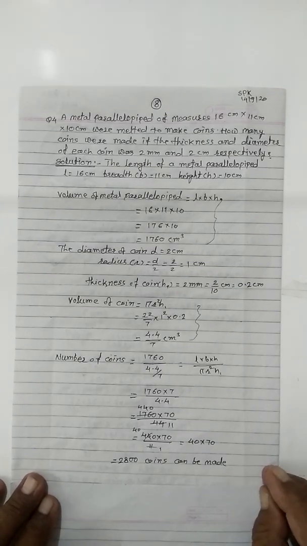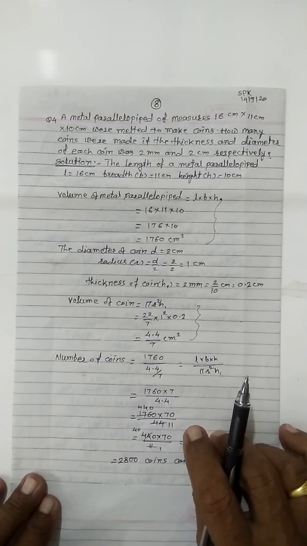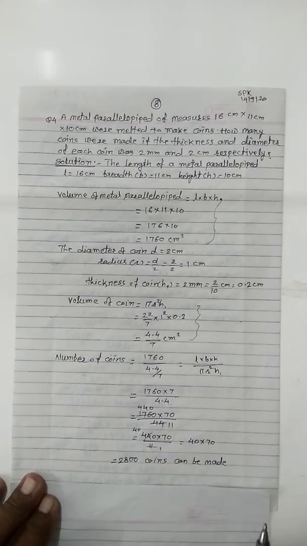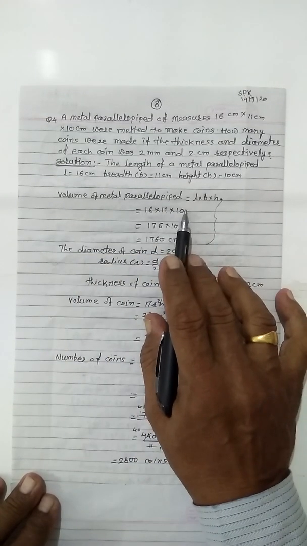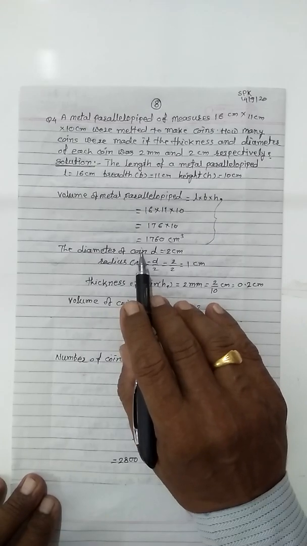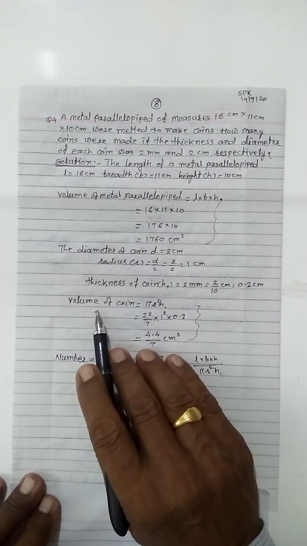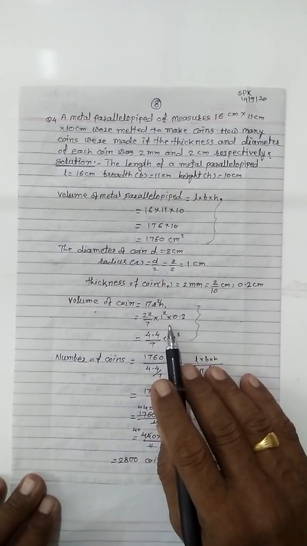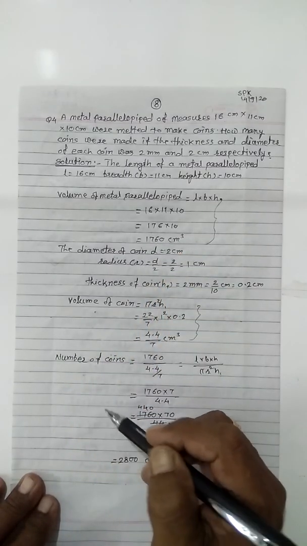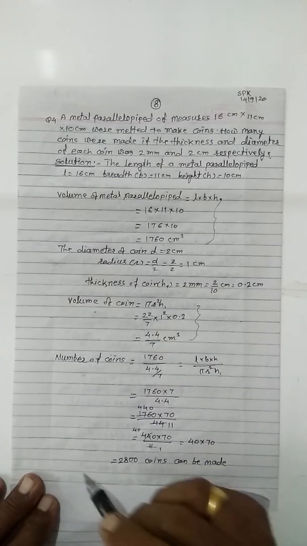But sometimes at the time of solving an example, we make some mistake in the final answer. If we solve the volume of parallelepiped correctly, then some marks are given here. If we solve the volume of one coin properly, then we again get some marks here, and even if the final answer is wrong, you will still obtain some marks in this question.